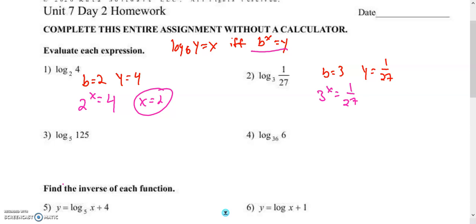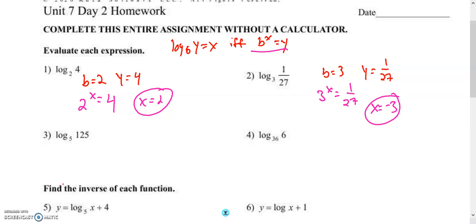One, what power will turn a regular 3 into 1 over 3? That would be a negative value. And then you want to think about 3 to the what power gives you 27. That would be 3. So, based off of those two, we know that x is equal to negative 3.